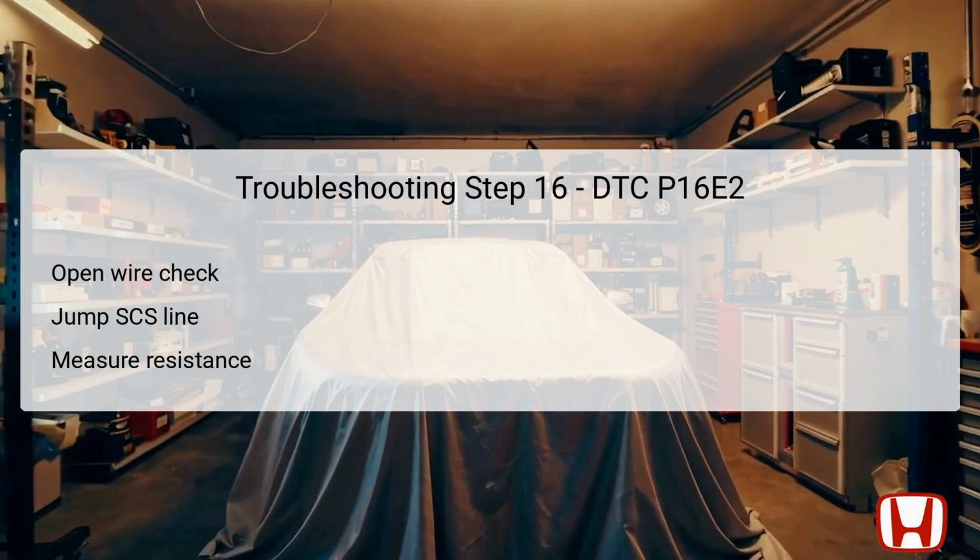The 16th step resumes the open wire check for DTC P16E2, aimed at confirming the integrity of the LIN bat sensor LIN line. Start by following the procedures to jump the SCS line with the HDS, while giving it more than a minute for connections to harmonize.